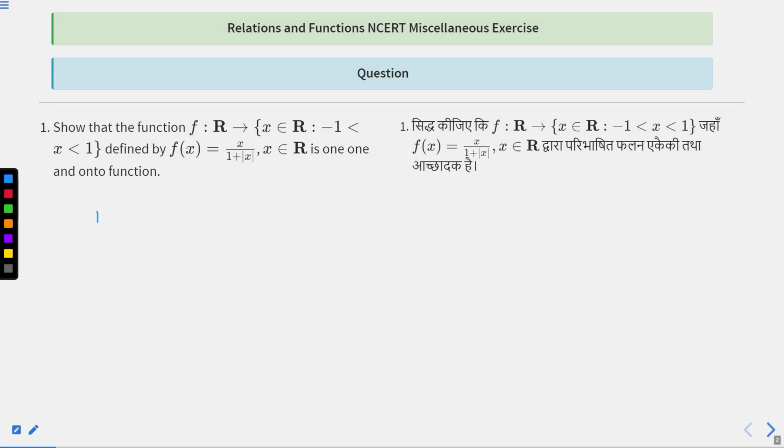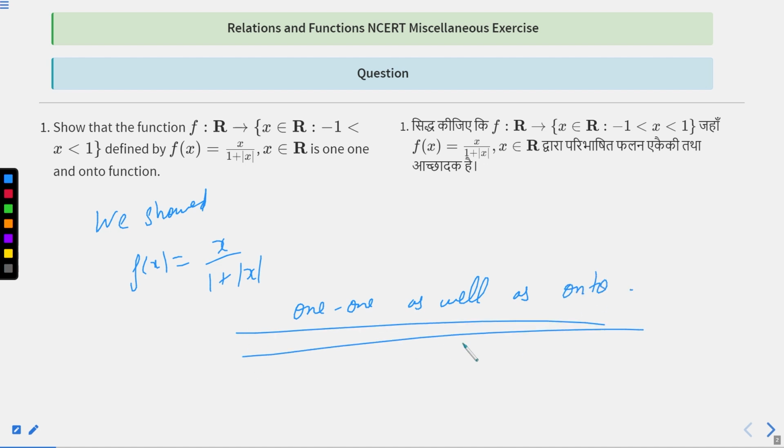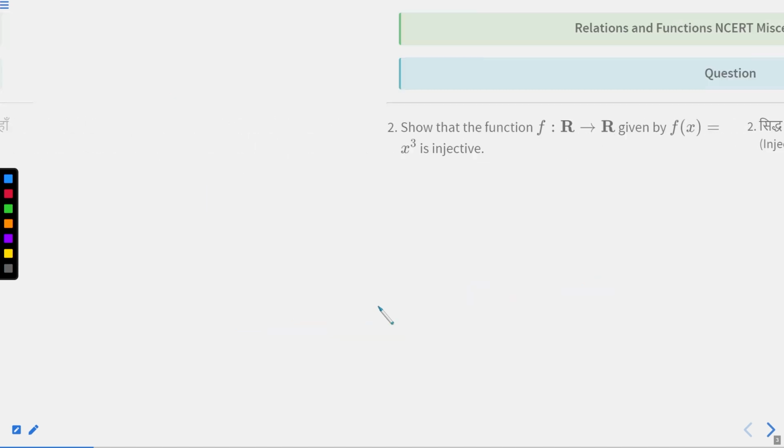So we showed that f(x) equals x over 1 plus mod x is one-one as well as onto. I hope that it is clear to you, every step, every reason behind it. Let's move to the next question.